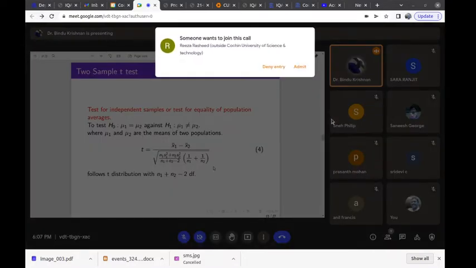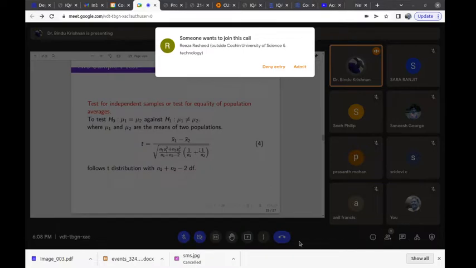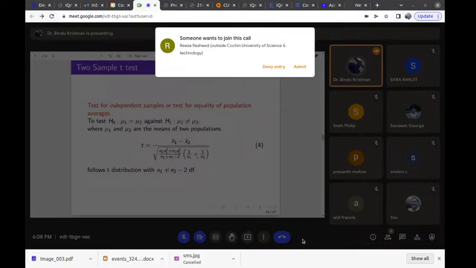We have two sets of samples, then only it is possible to apply this test. Okay, so two sets of samples are given. It is possible to find the averages of these two sets. It is possible to find the sample variances of these two sets, which we denote by S1 square and S2 square, and N1 and N2, of course, the number of samples in each of these two sets.